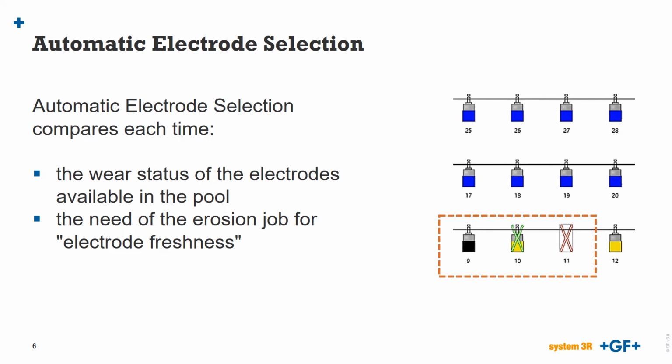This way, the software assigns the proper electrode for the various machining phases of each part to be eroded. Typically, an electrode that was used from new for finishing a part now is partially worn, but it can still be used for roughing or semi-finishing the next part.